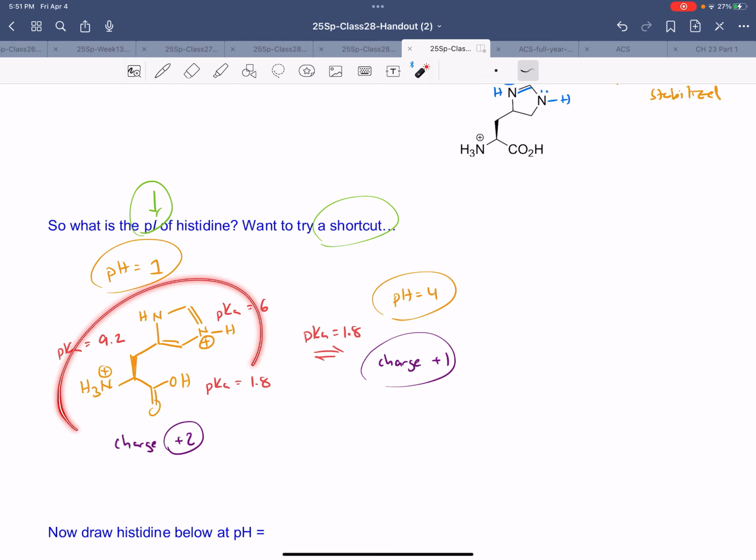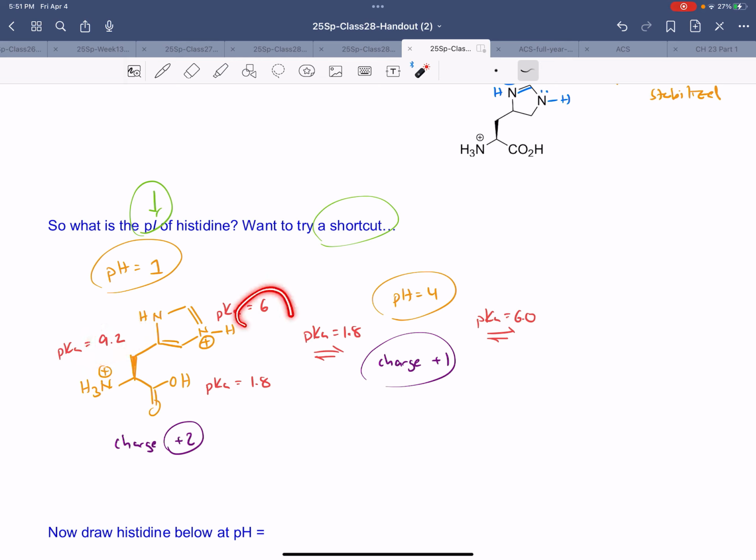See, without drawing it, I know the charge is plus 1. I could analyze this and get rid of this H. Or I could know that it goes down by 1 each time. What's the next pKa to cross over? It is 6. So let's pick a pH of, I can't go above 9.